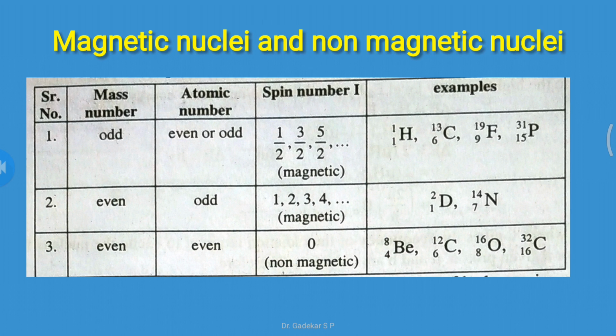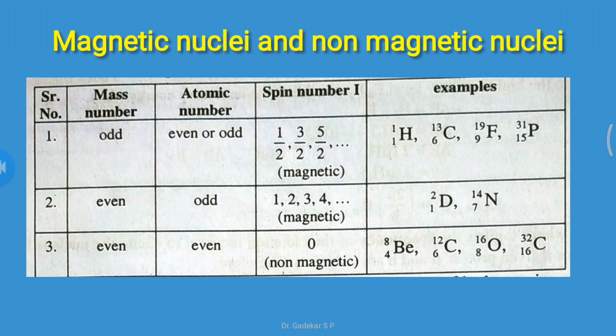But with even mass number and even atomic number, the spin quantum number is equal to 0, such as barium, with atomic number 4 and mass number 8. They are magnetically inactive. Its mass number is even and its atomic number is also even, so its spin quantum number is equal to 0 and they are magnetically inactive.